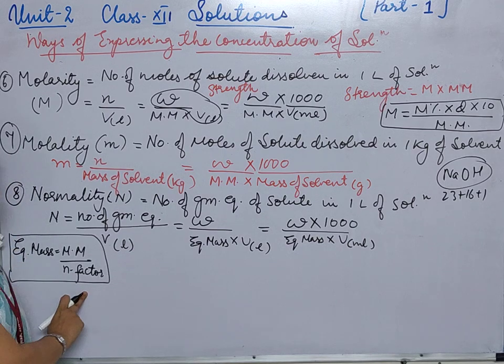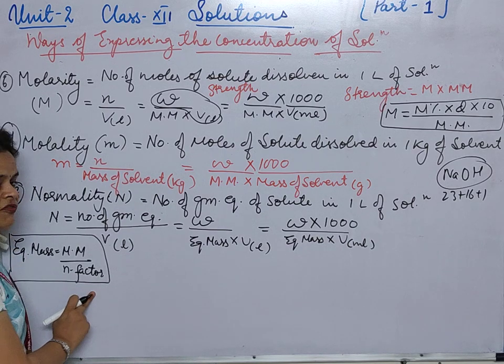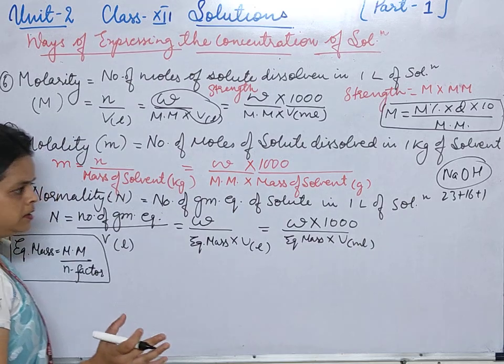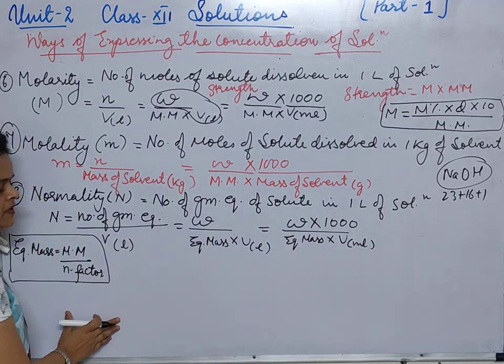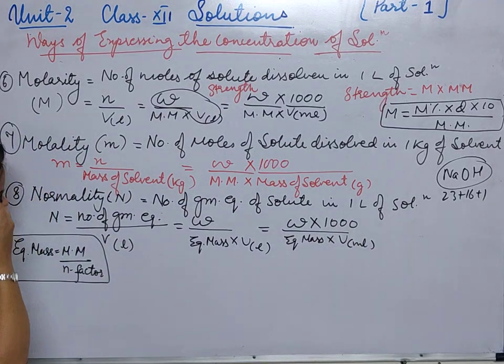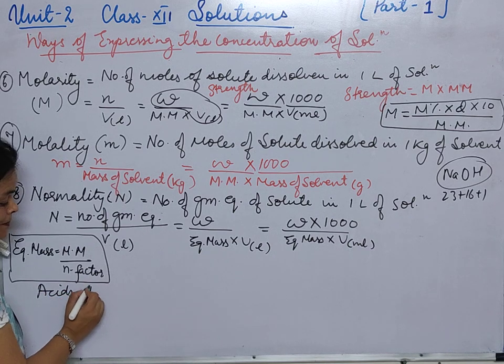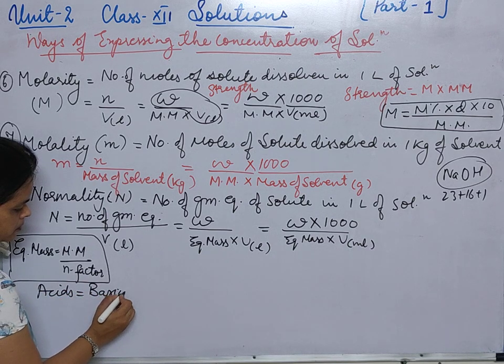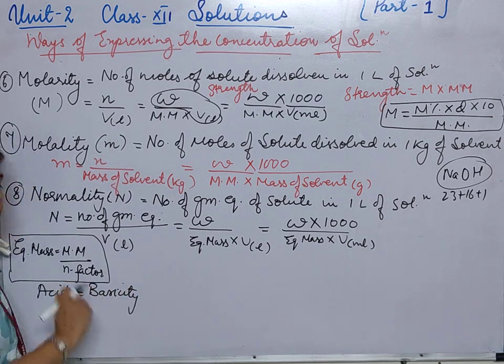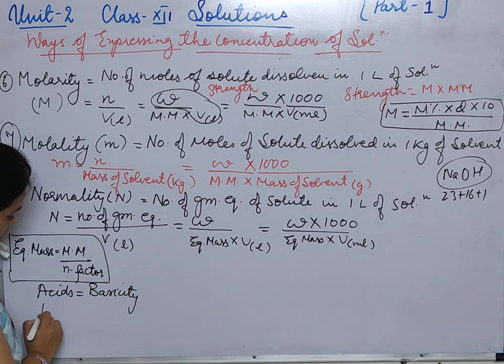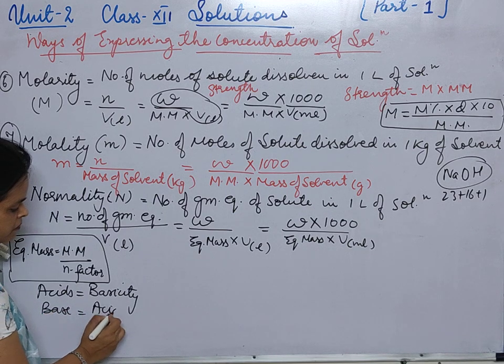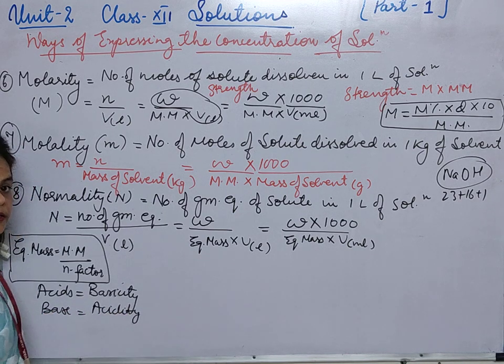Okay. Now what is this N factor? See, there are many ways to find the N factor. The one that is very common, that I will tell you. Suppose in terms of acids, in the case of acids, their basicity will be equal to the N factor. In terms of base, its acidity will be equal to the N factor.